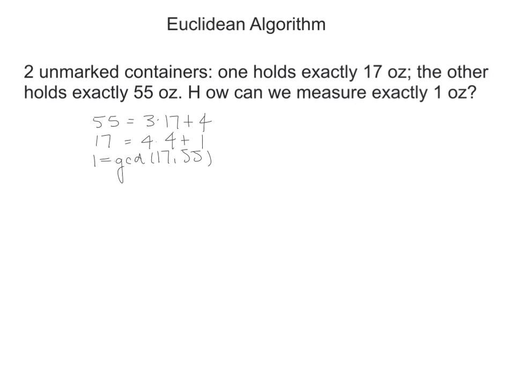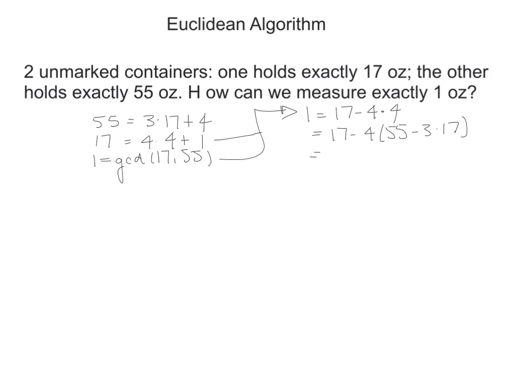So that's good news, because that means we can solve any Diophantine equation. We use the steps backwards. So we get 1 = 17 - 4 times 4, which is equal to 17 - 4 times (55 - 3 times 17).